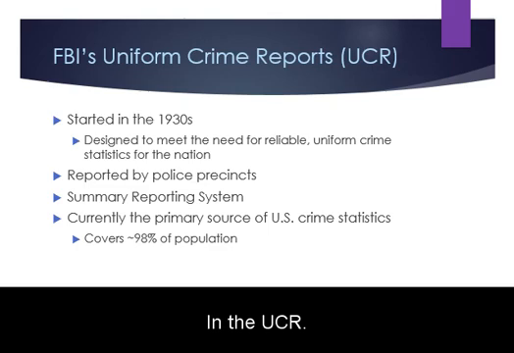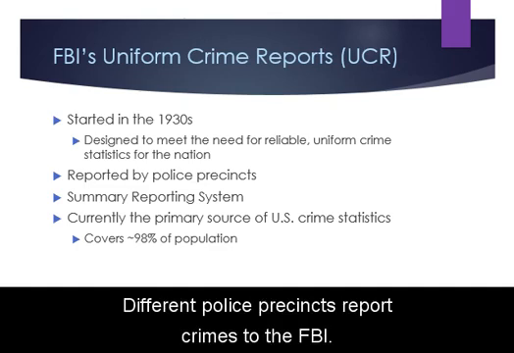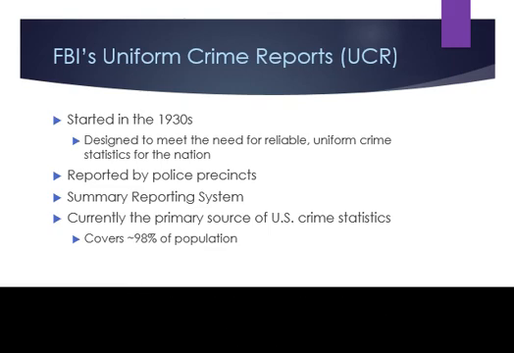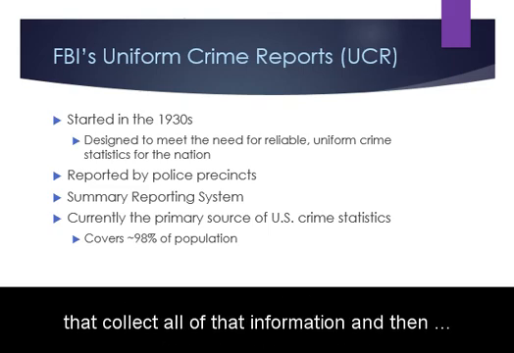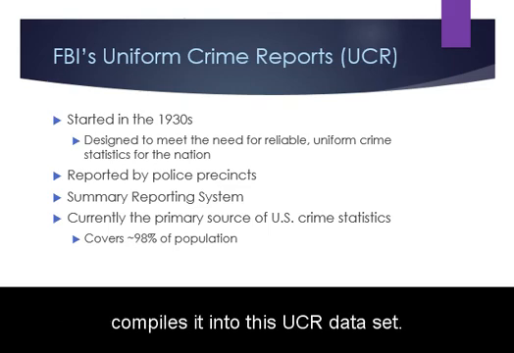So in the UCR, the different police precincts report crimes to the FBI, and the FBI, or the Bureau of Justice Statistics, they collect all of that information and then compile it into this UCR data set.